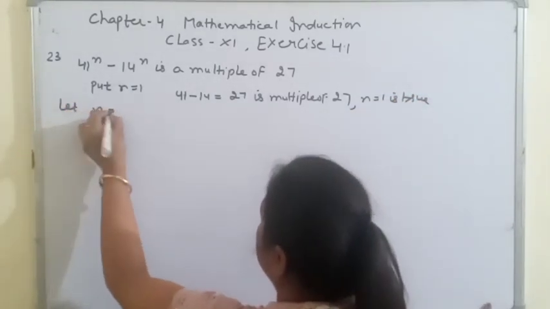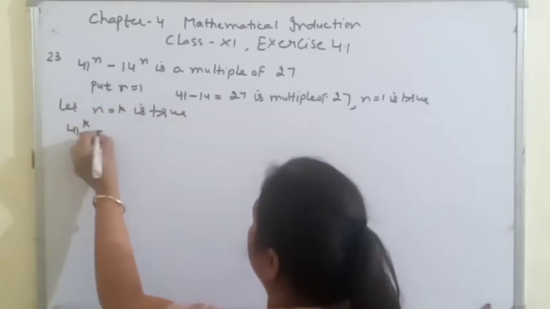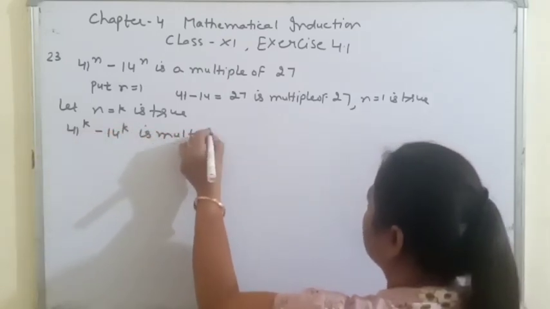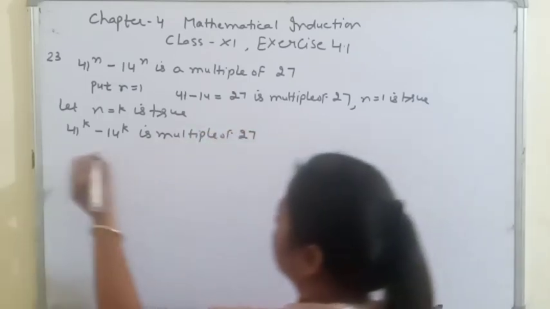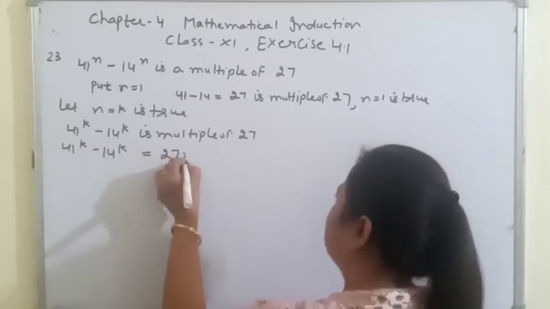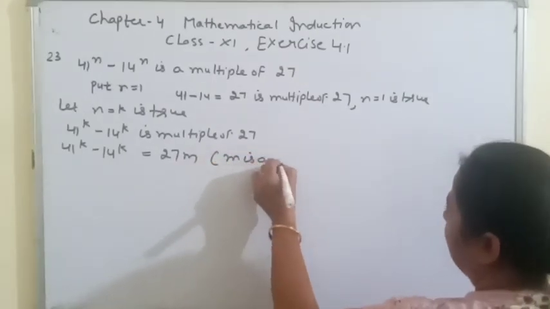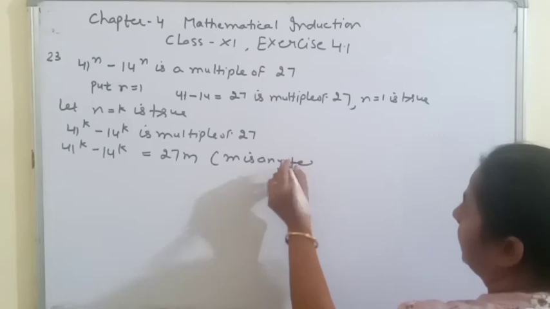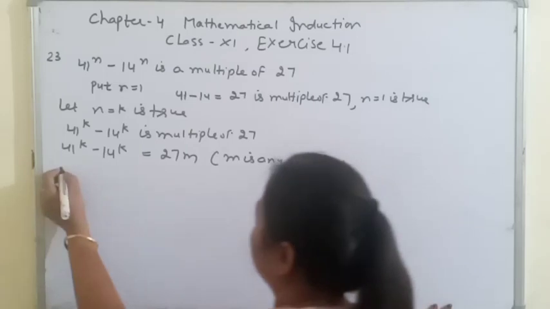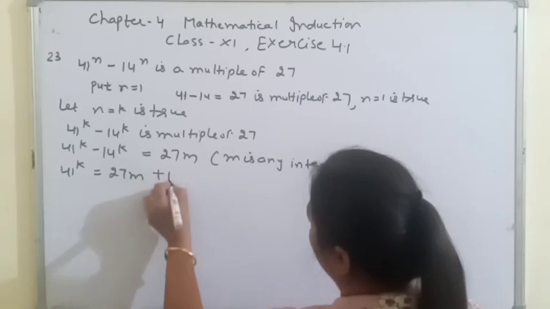Let n equal to k be true. 41 power k minus 14 power k is a multiple of 27. So 41 power k minus 14 power k is equal to 27m, where m is an integer. We can write it as 41 power k is equal to 27m plus 14 power k.